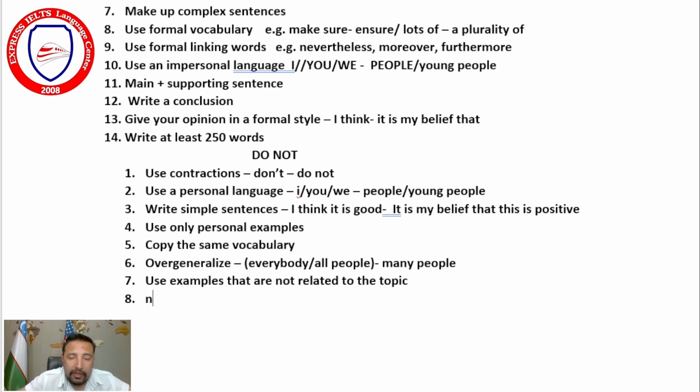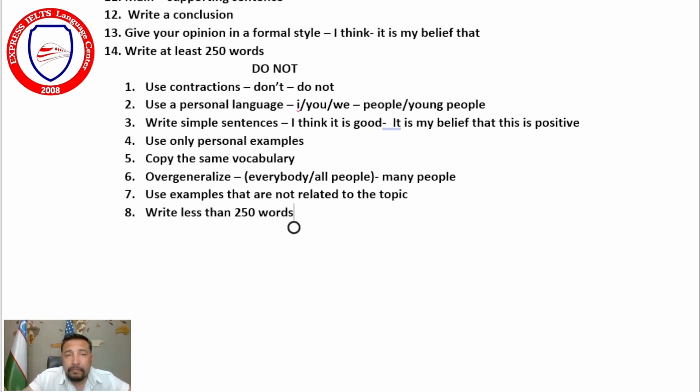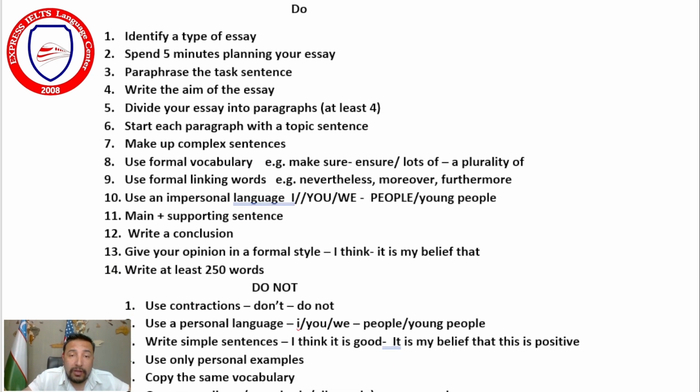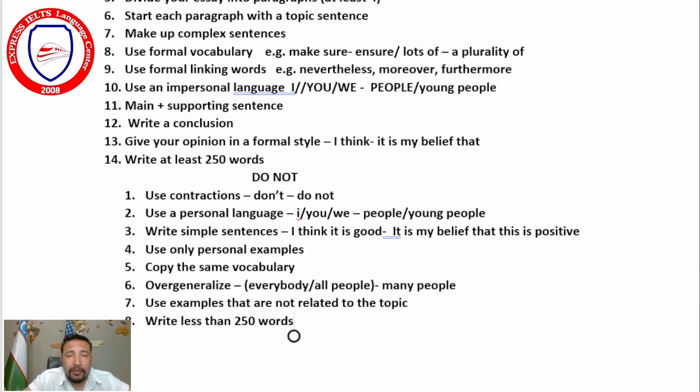And do not write less than 250 words. So it is one thing that you need to follow. So I think if you use these rules in your academic writing, they will benefit you and help you to get a better mark. Okay, thank you very much for your attention.